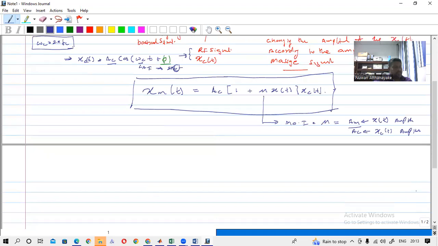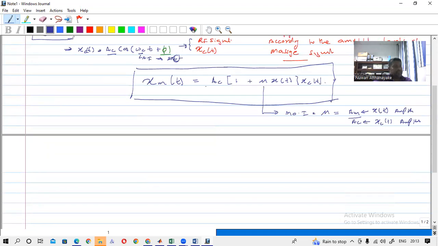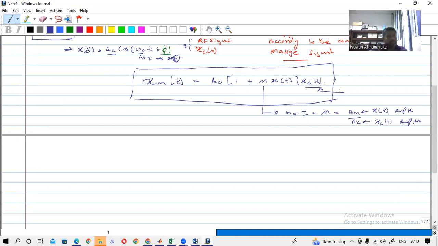Now, special things you need to remember. This xc(t) is the waveform without the amplitude; the amplitude is 1 here, because the amplitude Ac is already there.